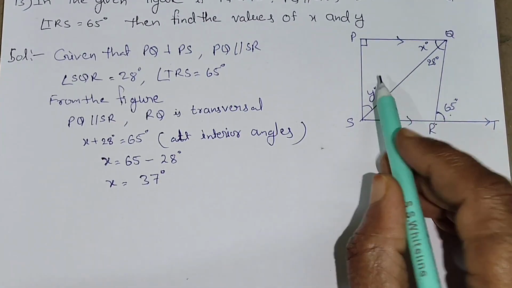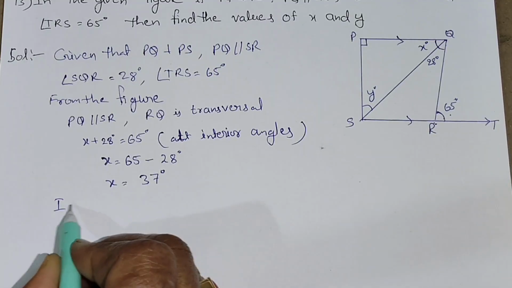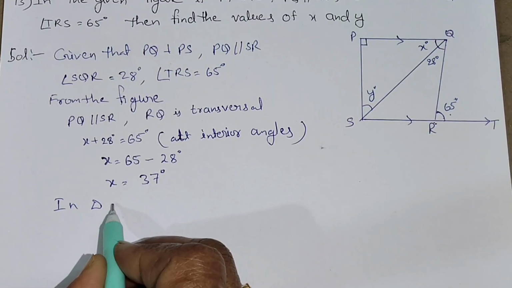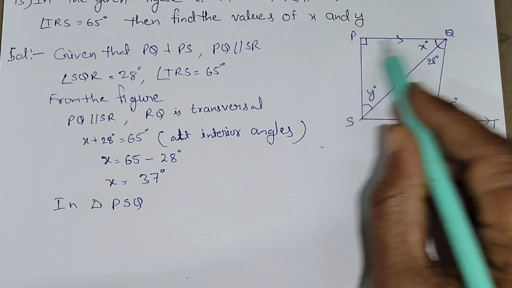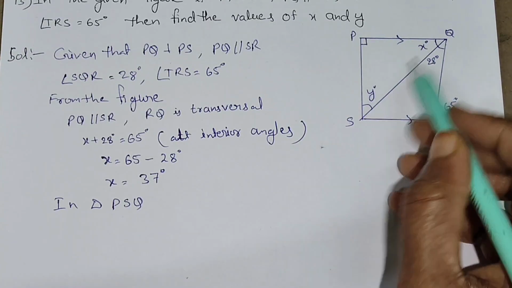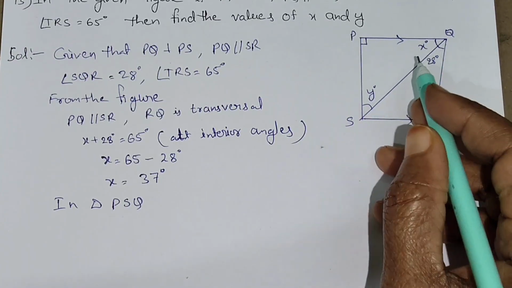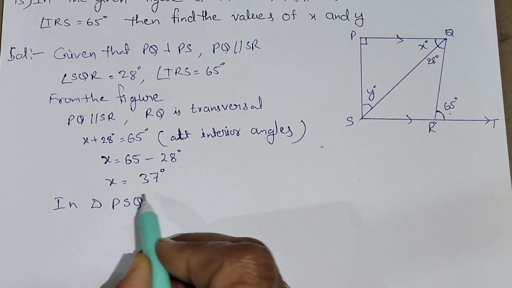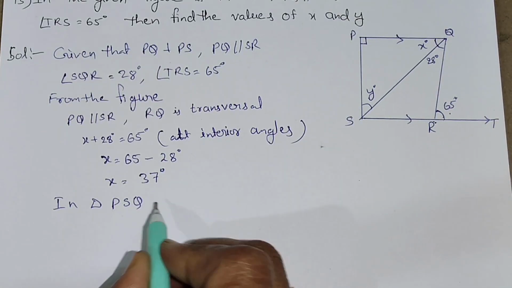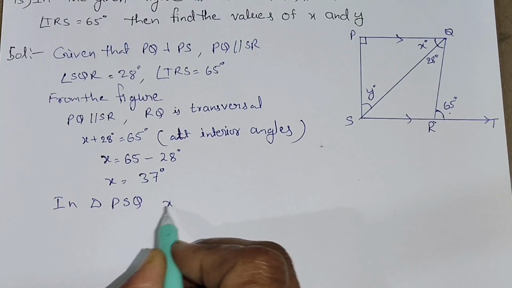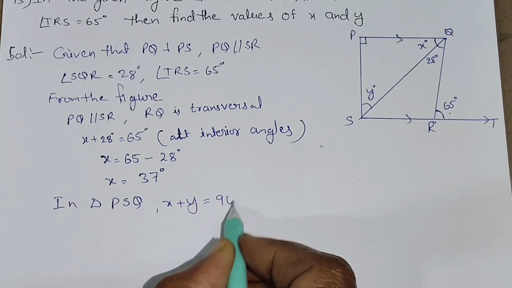Here in triangle PSQ, this is the right angle. The other two angles, x plus y, equal 90 degrees. So in triangle PSQ, x plus y equals 90 degrees.